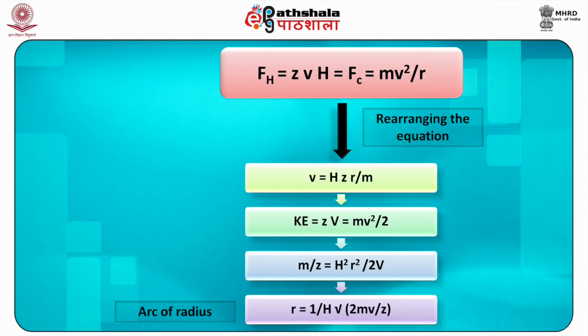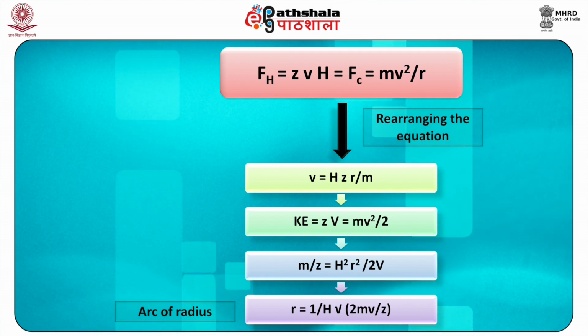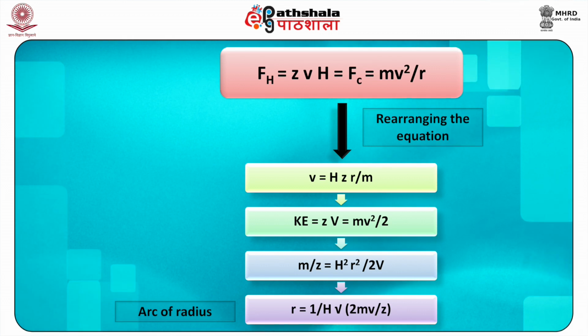On rearranging the equation, we have another expression for velocity of the ion, and ultimately we have the expression for m/z as square of the magnetic field into r square divided by 2 into voltage, and we have r equals 1 upon magnetic field under root 2 into mass into voltage divided by the charge of the ion.